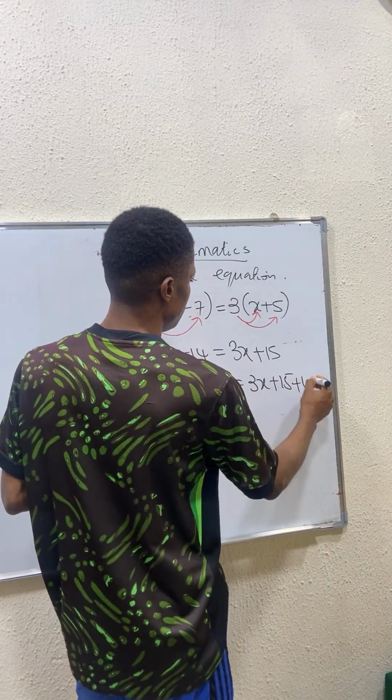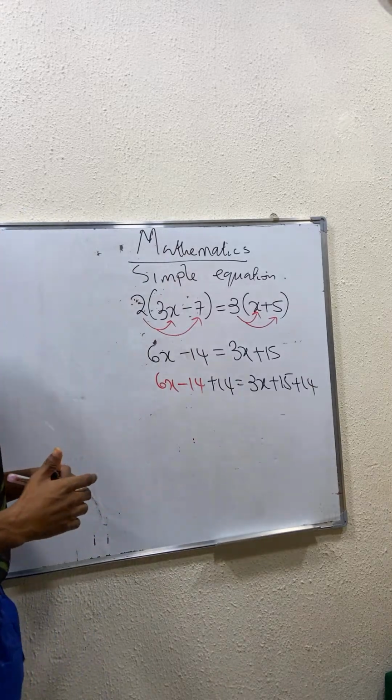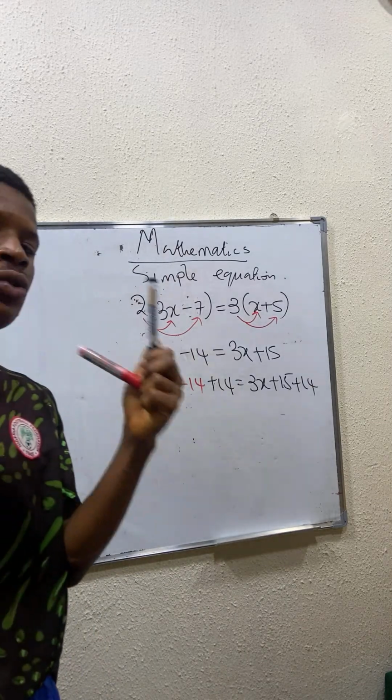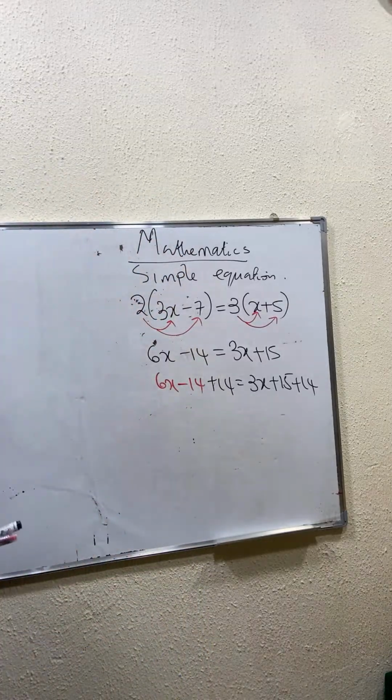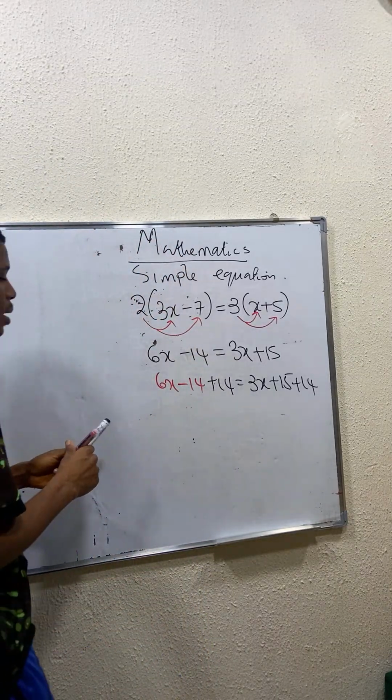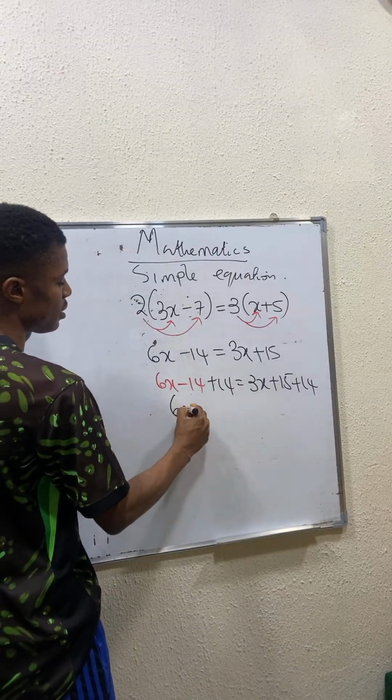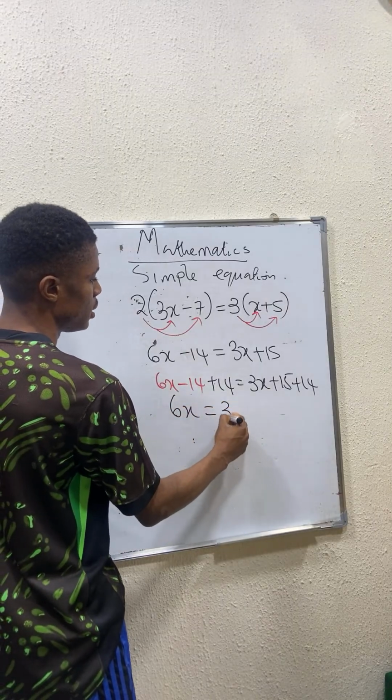We add 14. What we add to the left hand side, we should also add to the right hand side. Good.